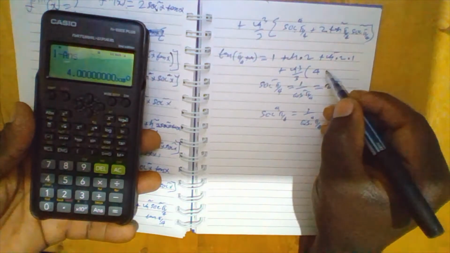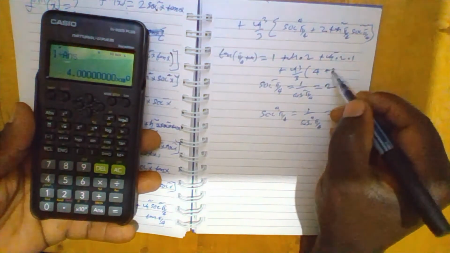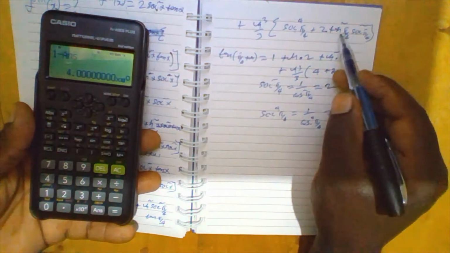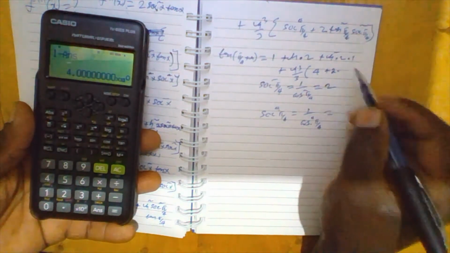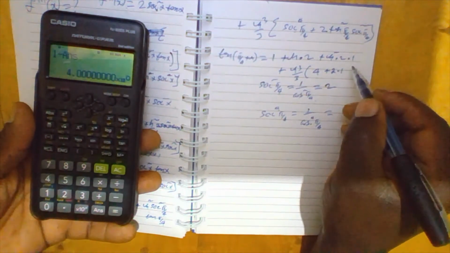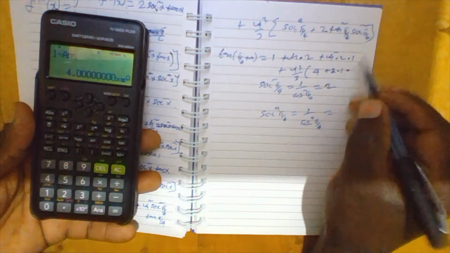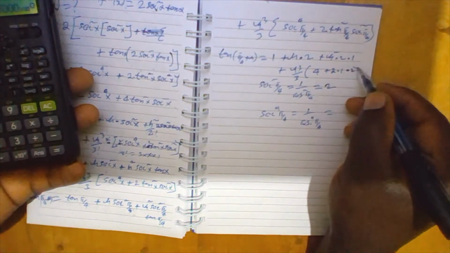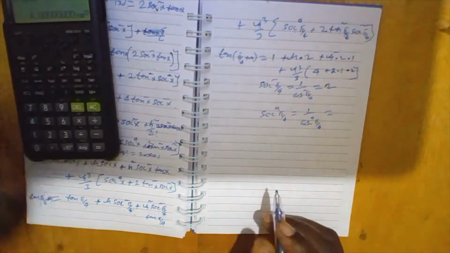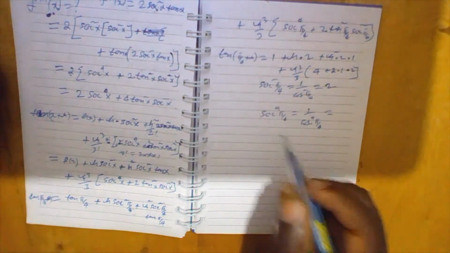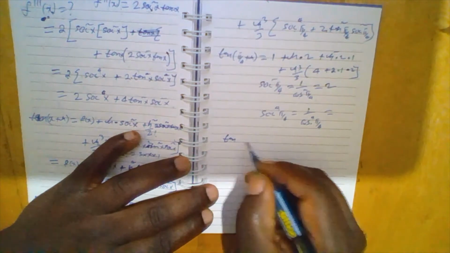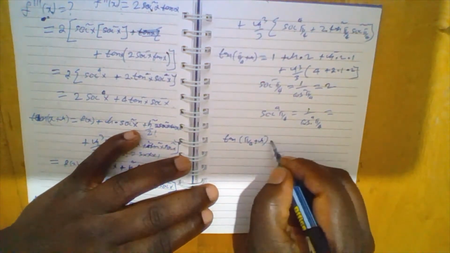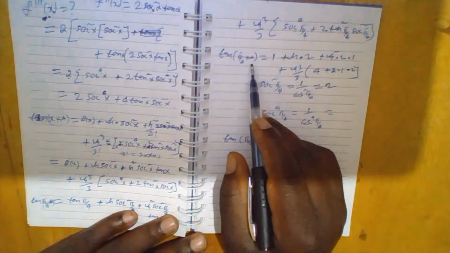Then plus, this is 2. Tan pi over 4 squared, tan pi over 4 is the same as tan 45, which is 1. 1 squared, we have 1. Then times sec pi over 4 squared, which is 2. So here we have tan of pi over 4 plus h equals 2.